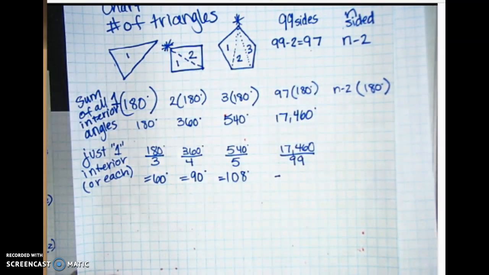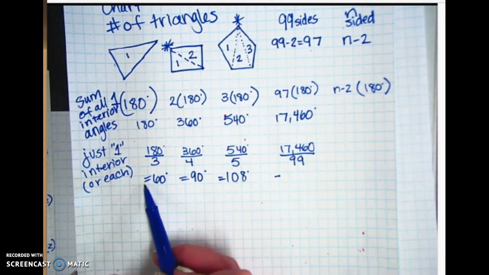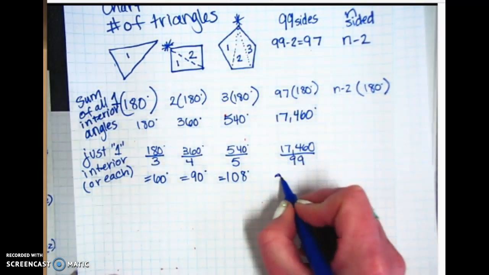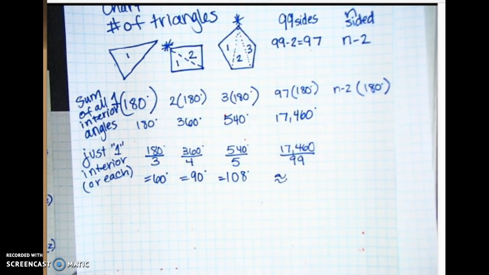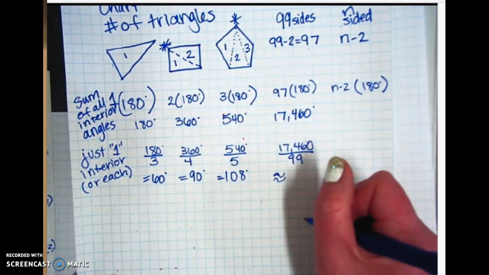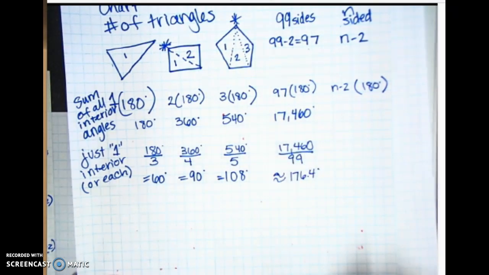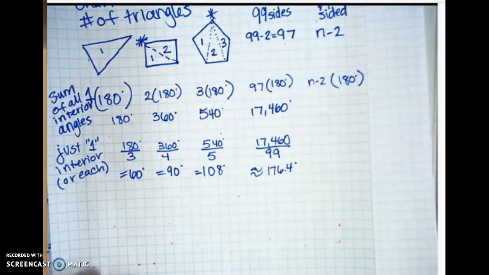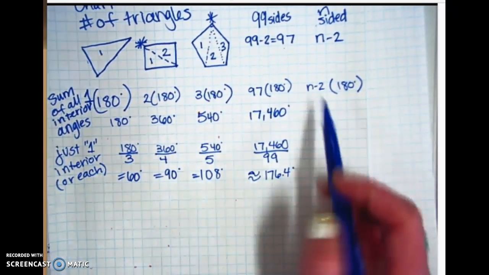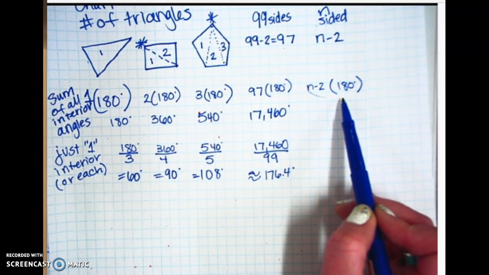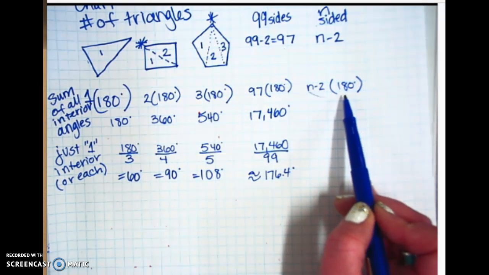This one I got a decimal answer, and so I needed to round. So instead of using an equal sign, what kind of sign should I use here? The wavy equal one, okay? I got approximately 176.4 degrees. Okay? Now, all we did with this is one more step, which was we took this and divided it by the number of sides.